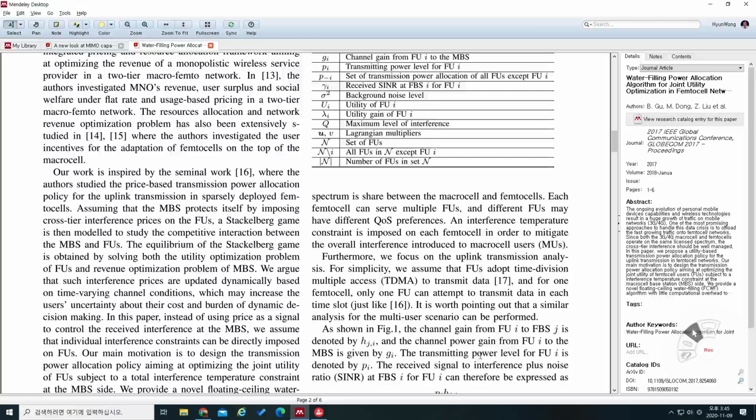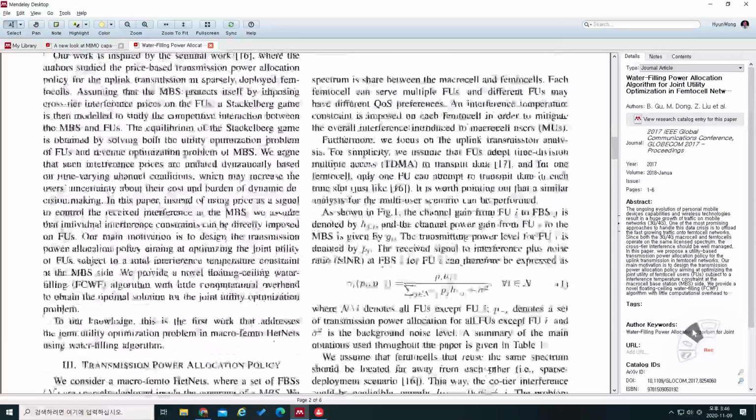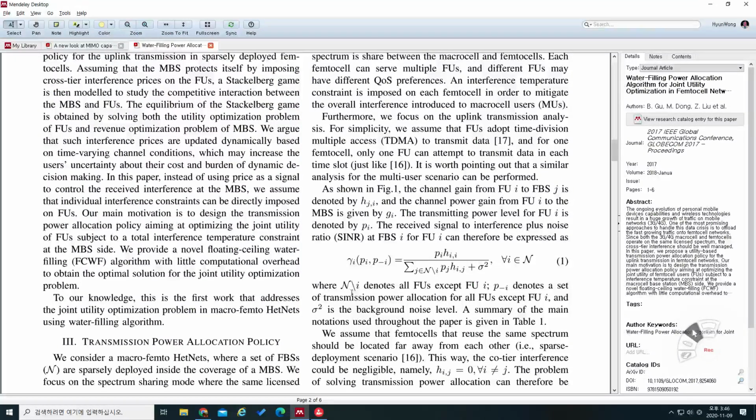The transmitting power level for FU i is denoted by p_i. The received signal-to-interference-plus-noise ratio (SINR) at FBS i for FU i can therefore be expressed as follows, where -i denotes all FUs except FU i, p_-i denotes the set of transmission power allocations for all FUs except FU i, and sigma squared is the background noise level.